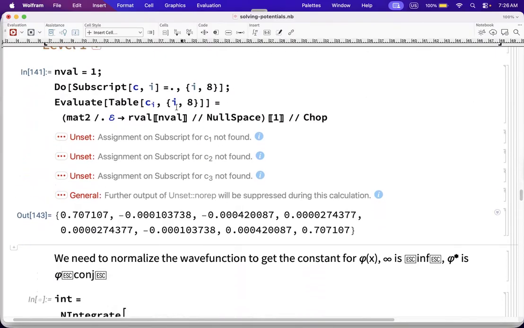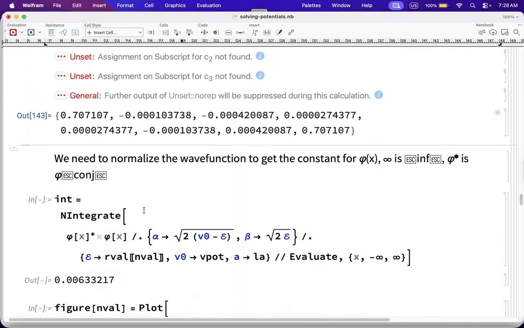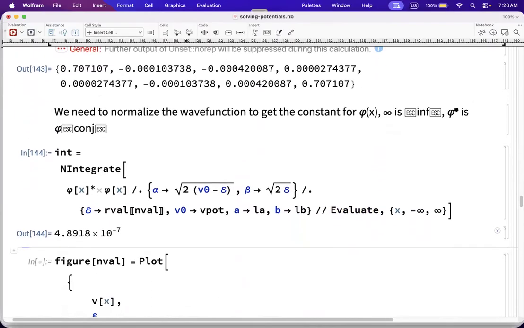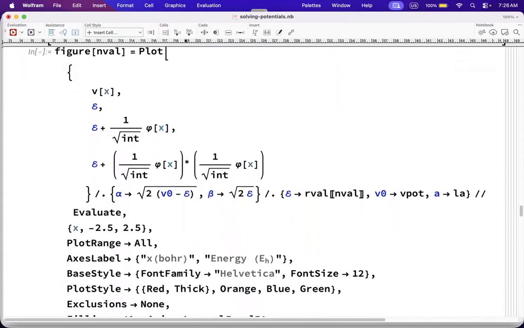You see? The same here, please. You just have to add a comma, B goes to LB. That's it. The rest is exactly the same. And the plot, the only thing you have to change is that you go from, I think it's 3.5 here. Let me see.